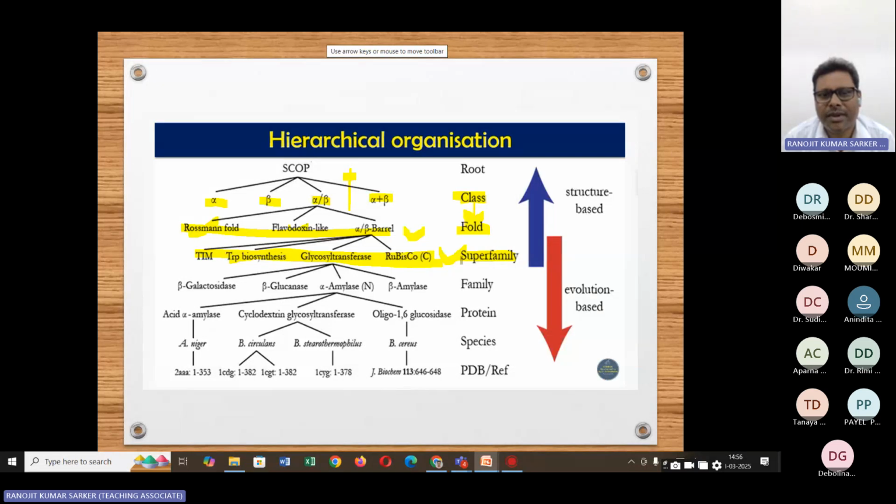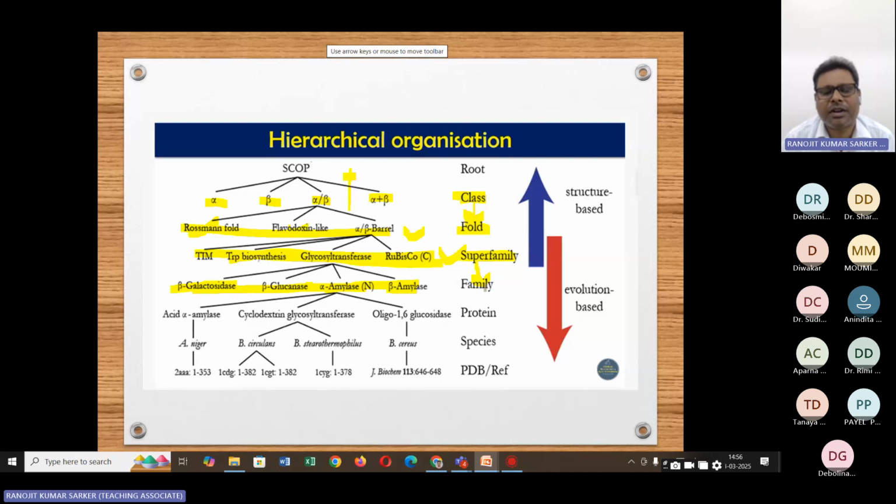Now under a superfamily, there will be several families. In the example, glycosyl transferase is a superfamily. Under the glycosyl transferase superfamily, you will find beta galactosidase, beta glucanase, alpha amylase, and beta amylase. These are the families.